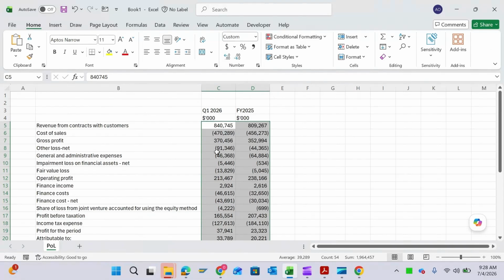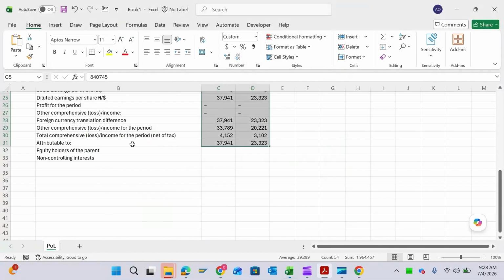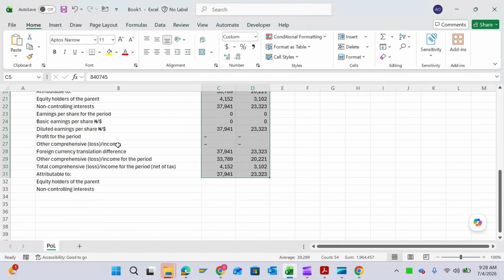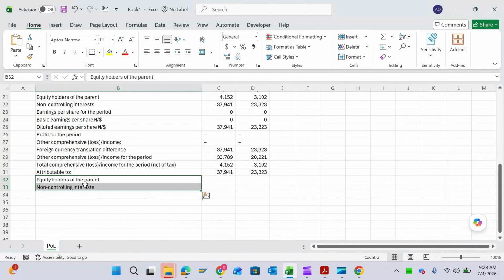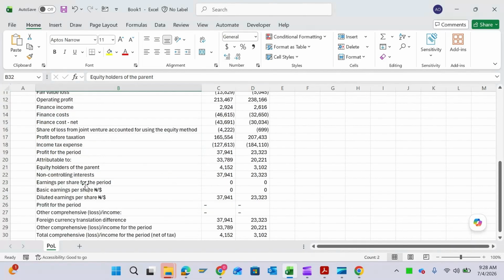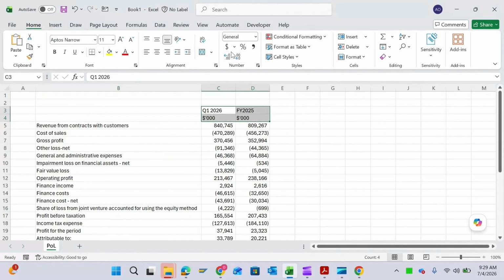However, kindly note that there are some gaps here that are not reflected in our Excel, thereby making this short of 2 rows, while this has more rows. So you need to understand and be careful with this. You need to make sure you get everything right.